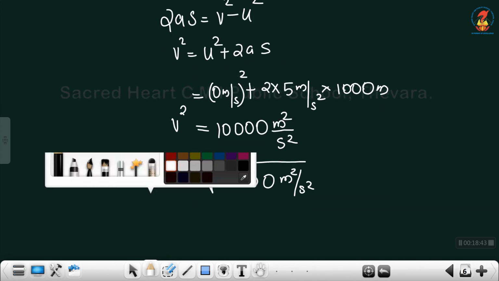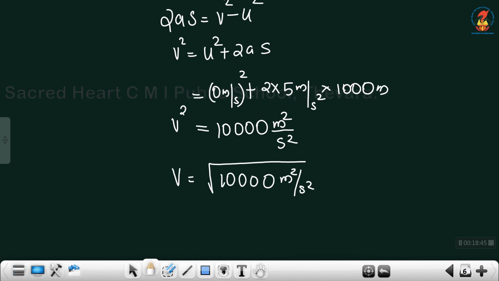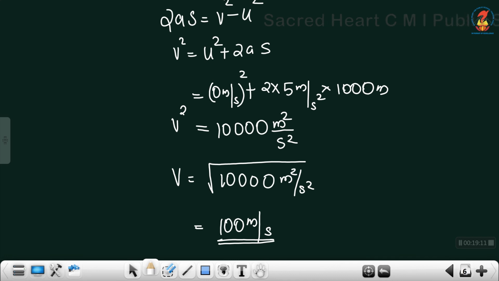Inside the root, meter square is there, so when it comes outside, it will be meter. Second square is there inside the root, when it comes outside, it will be second. So, here 4 zeros are there. So, what's the answer? That is 100 meter per second. So, the final velocity is 100 meter per second.